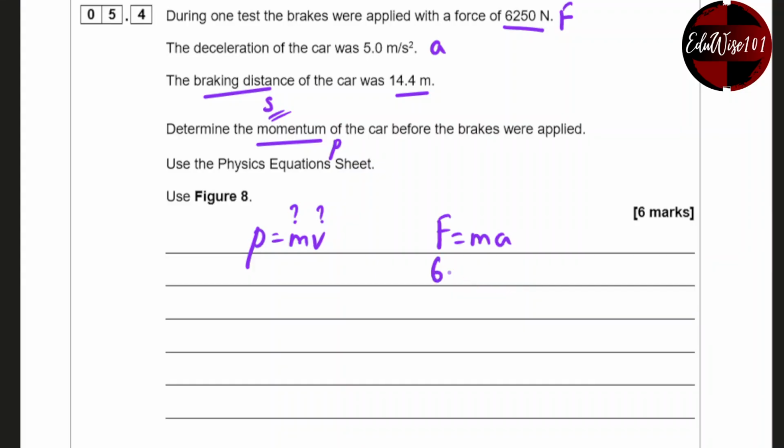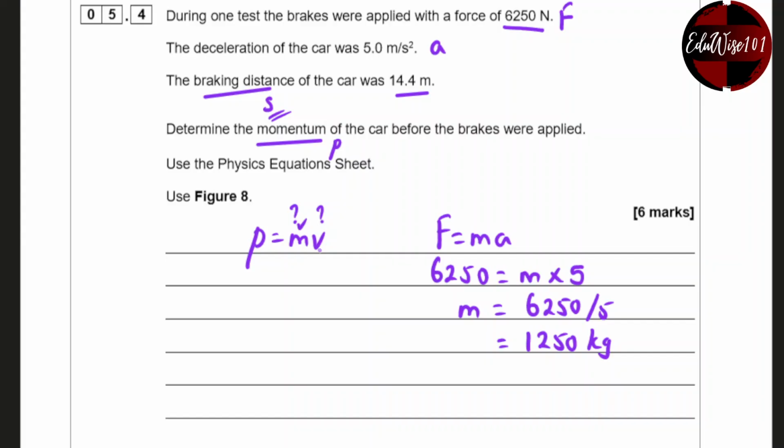So 6,250 equals the mass multiplied by the acceleration, which is 5. So the mass of the car is going to be 6,250 divided by 5. That would give me 1,250 kilograms. So I've got the mass now.